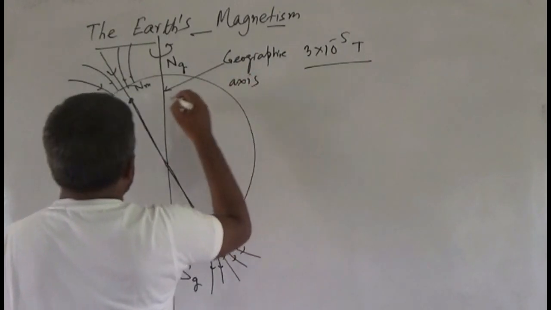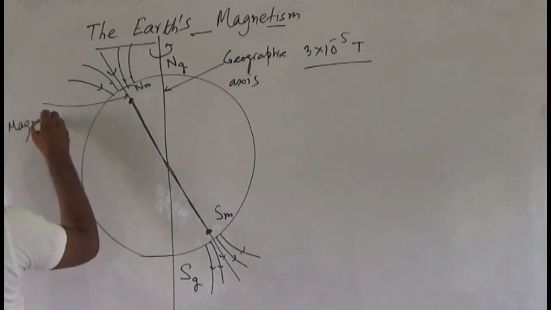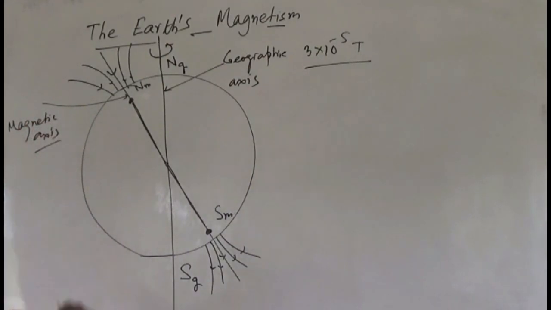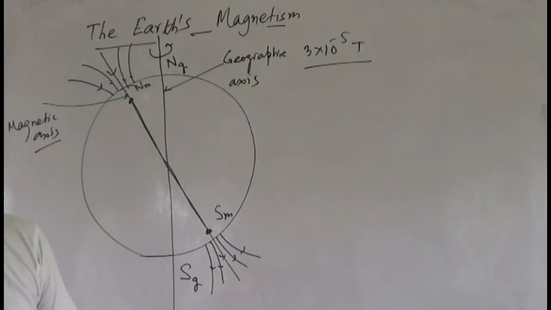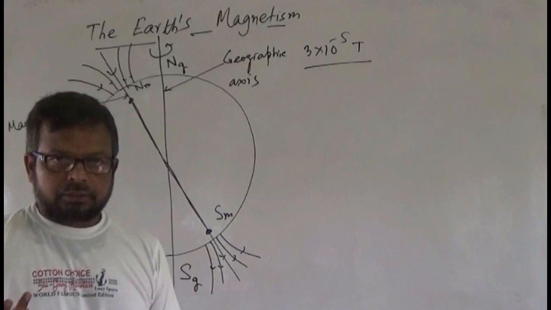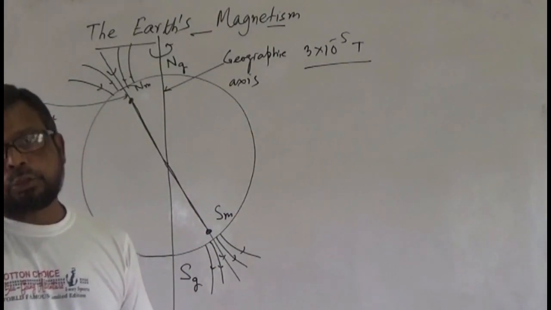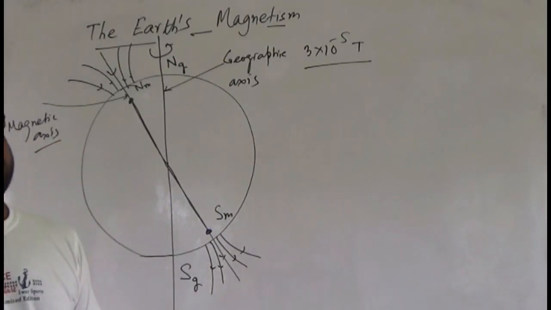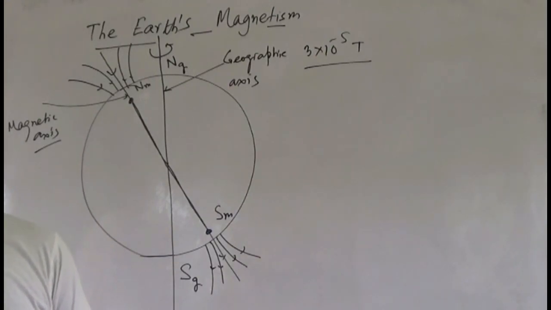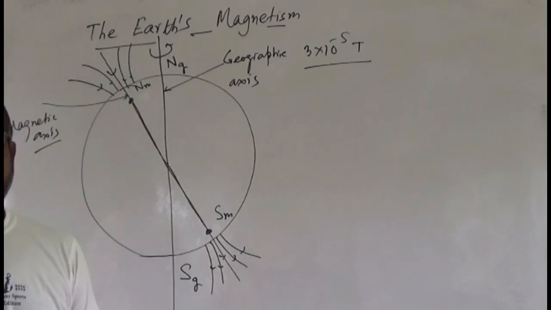They do not coincide with each other, because the magnetic north pole does not coincide with the geographic north pole, and the magnetic south pole does not coincide with the geographic south pole. The magnetic axis makes an angle of about 11.3 degrees with the geographic axis.